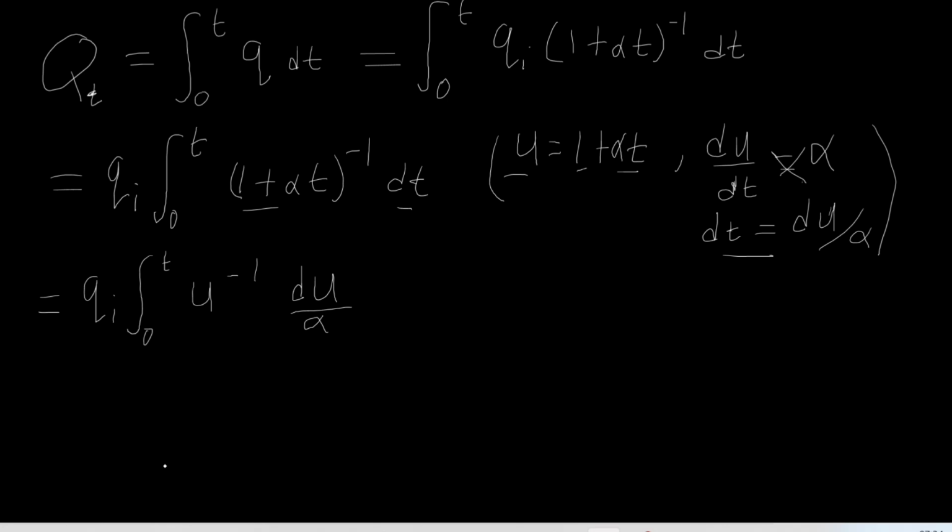Alpha is a constant, so we can take it out, and we have qi over alpha, from 0 to t, of u raised to minus 1 du.